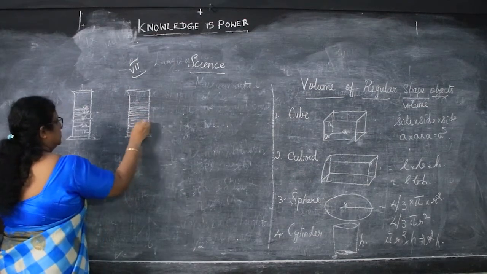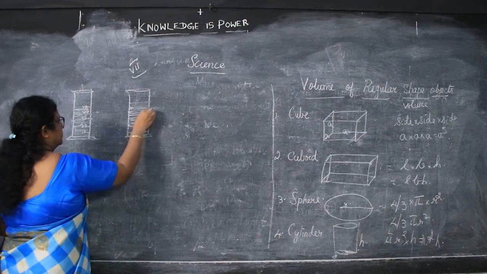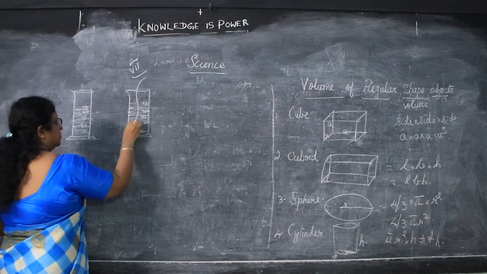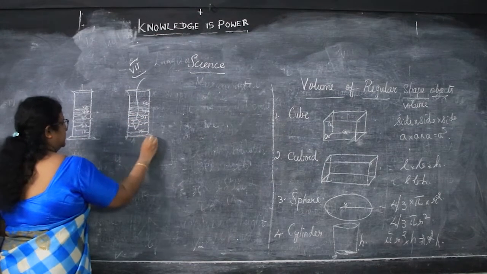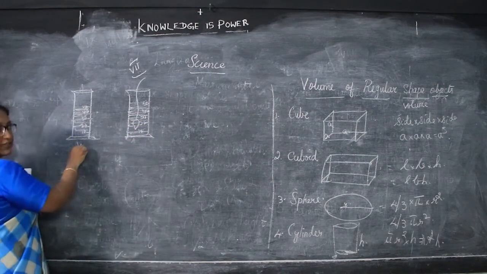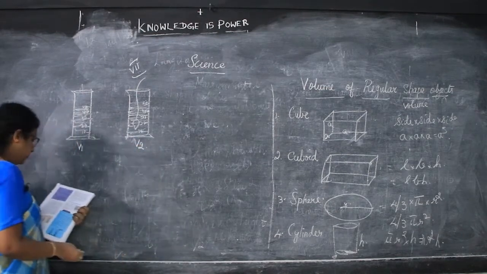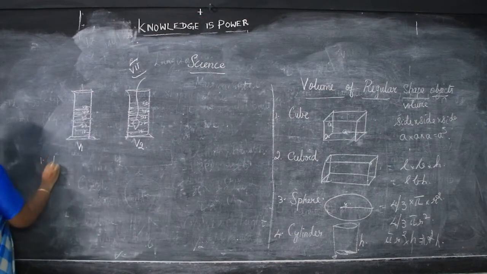Water inserted. So, a stone tied to a thread is kept inside, and this is expressed as V1 and this is expressed as V2.